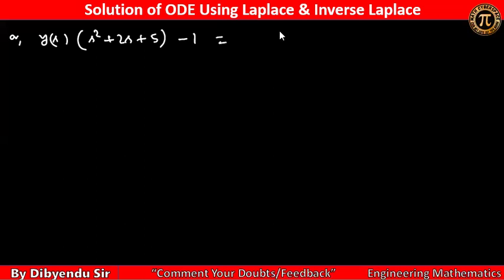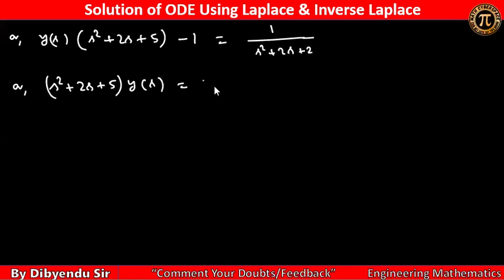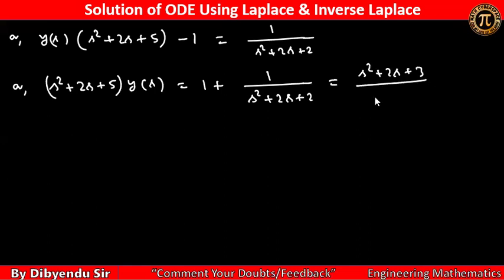This equals 1 by s squared plus 2s plus 2. So take this minus 1 to the right hand side. So (s squared plus 2s plus 5) into Y(s) equals 1 plus 1 by s squared plus 2s plus 2, and this equals (s squared plus 2s plus 3) divided by (s squared plus 2s plus 2).